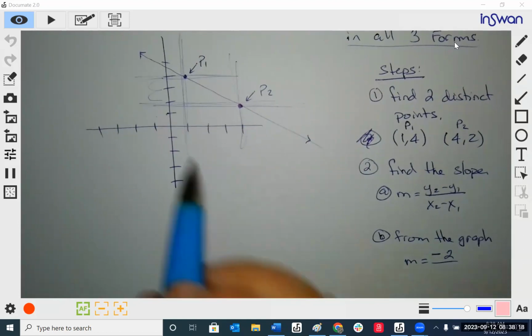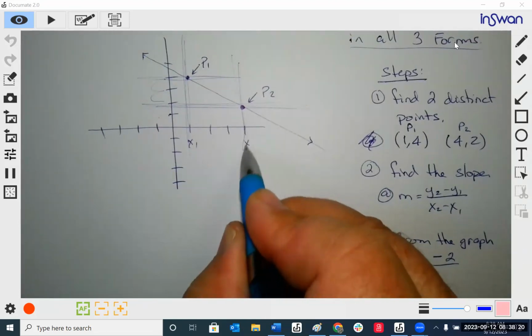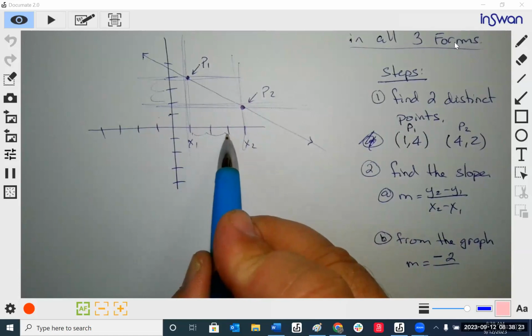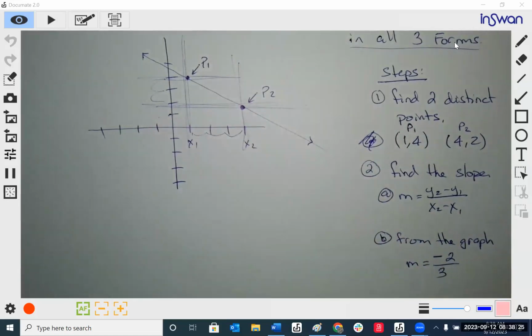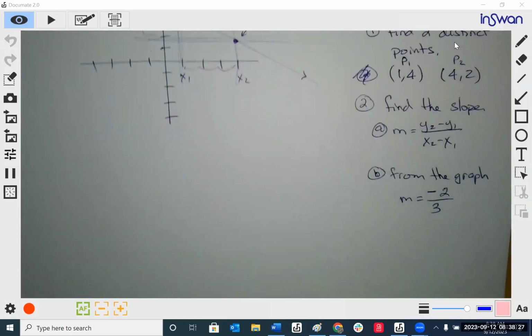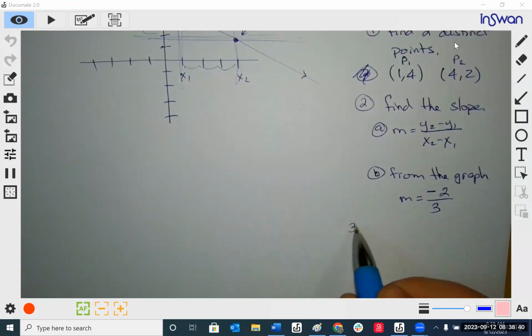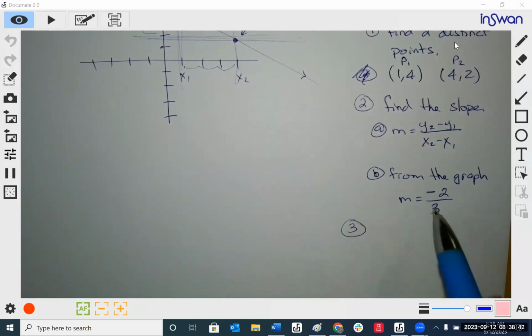And the bottom is how far do they go from x1 to x2? 1, 2, 3. And there's your slope. Because really, we haven't done anything mathematical yet. We have a slope. We have 2 points.